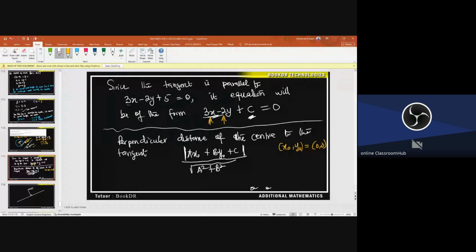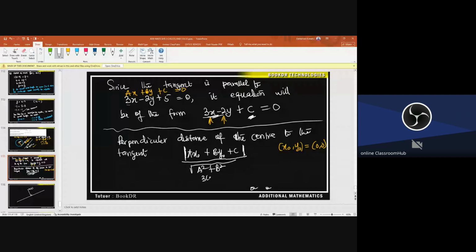So let's fix in the values. Our a value here, the a, b, c is picked from the equation, the standard form for the equation of a line. So our a is 3, then our x0 is 0.